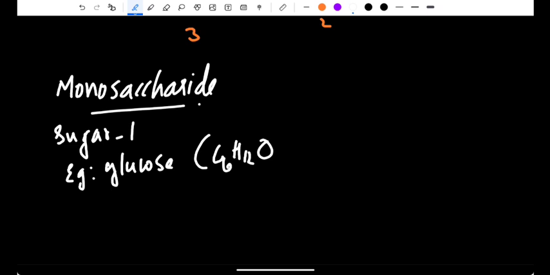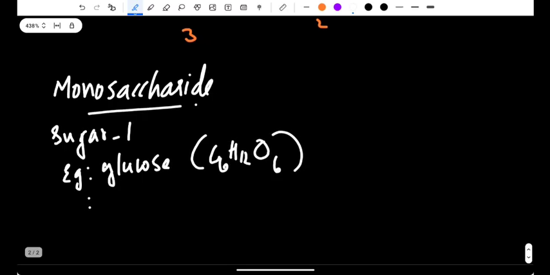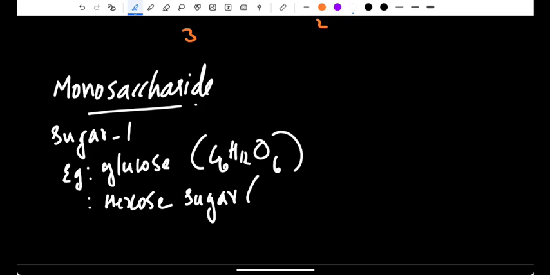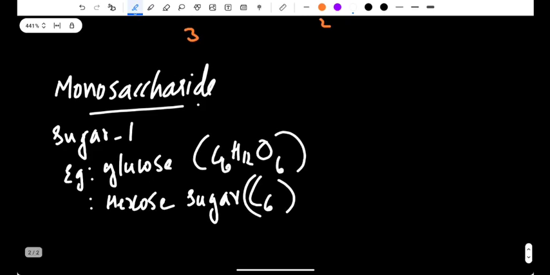C6H12O6, right? So this glucose is a hexose sugar. Why is it a hexose sugar? Because 6 carbon is present.